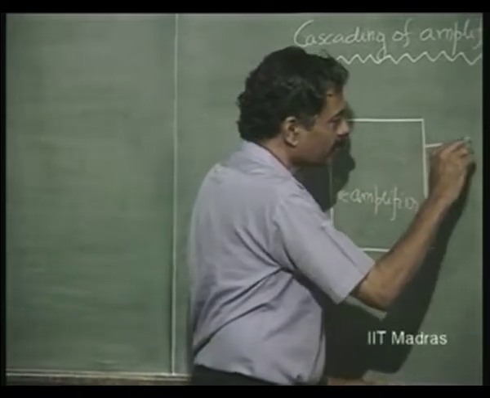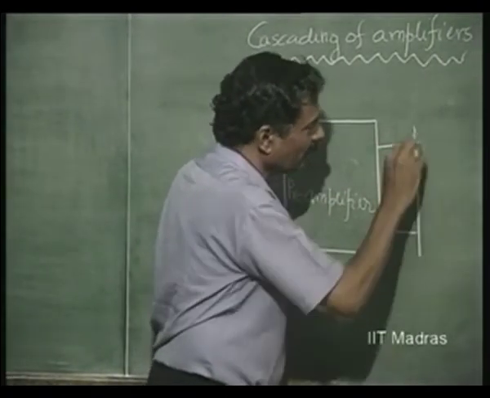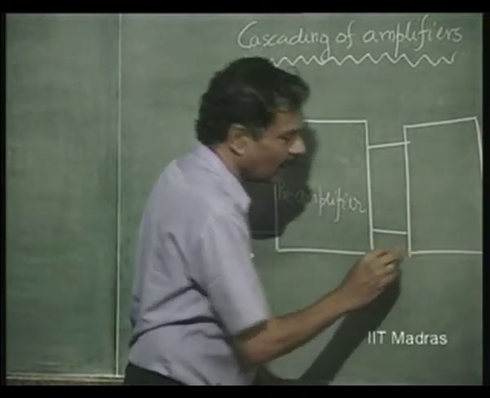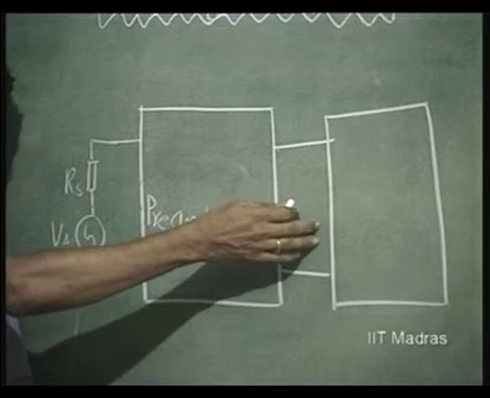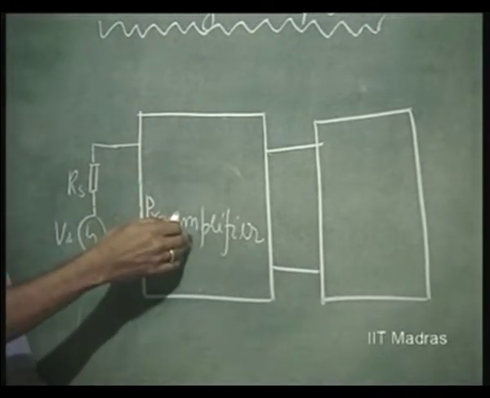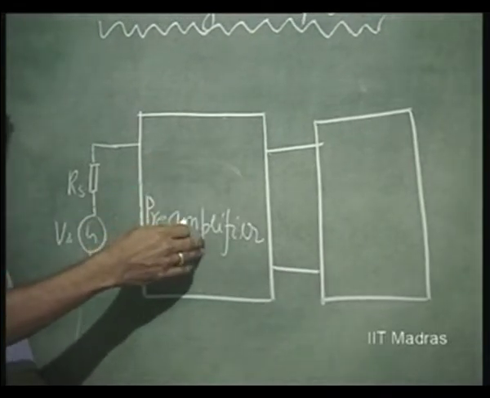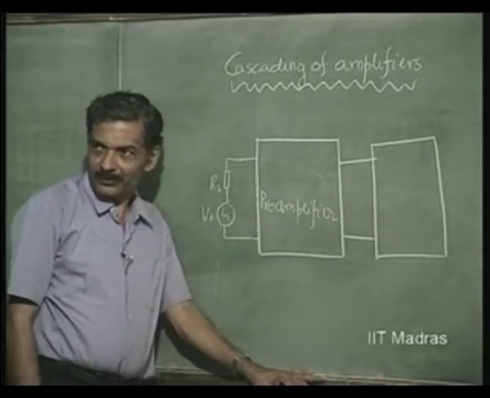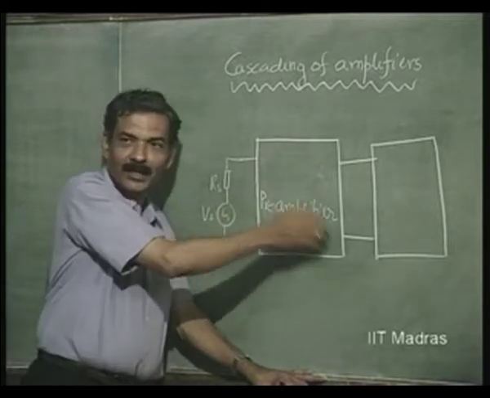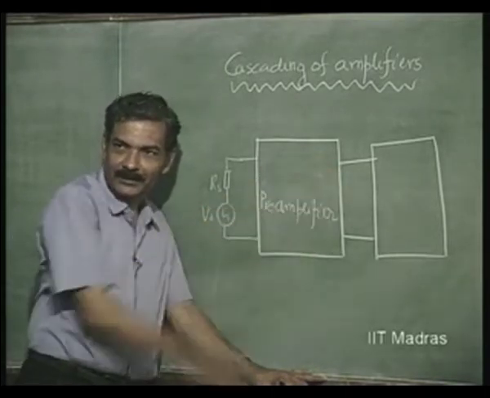And next, the responsibility of this is not so much as the responsibility of the pre-amplifier, because this is facing the same species, an amplifier here, as its input. Already certain things are automatically fixed for this.